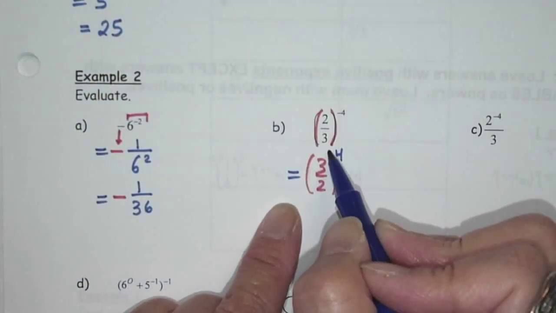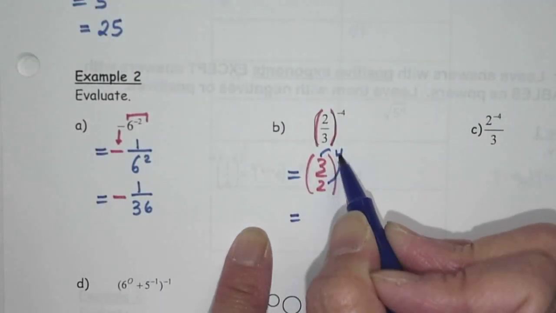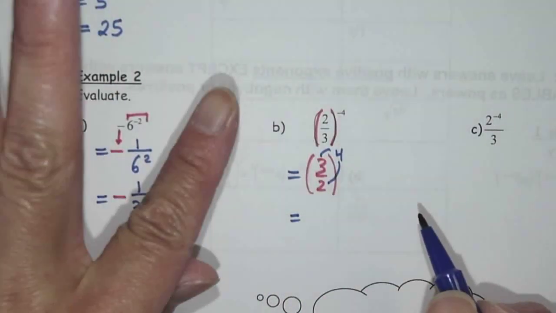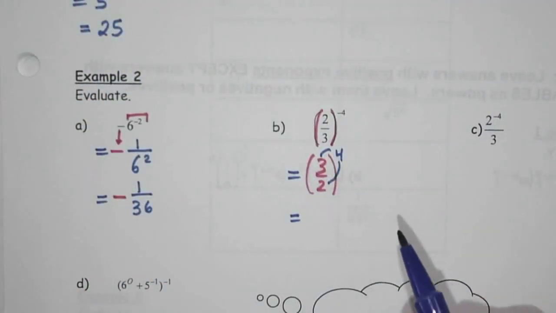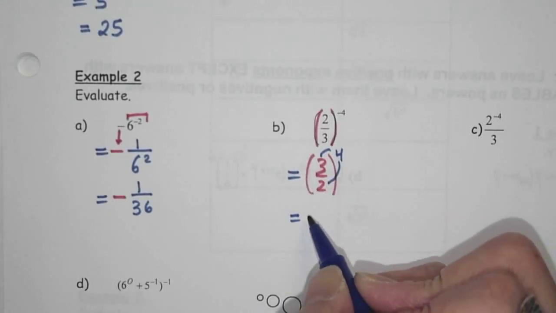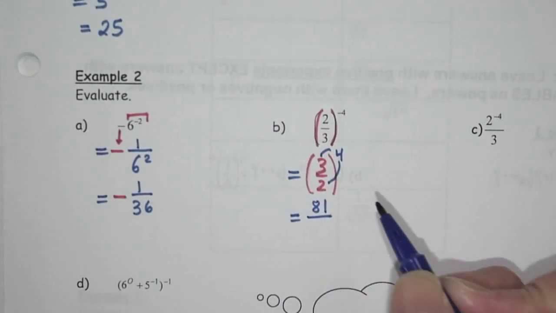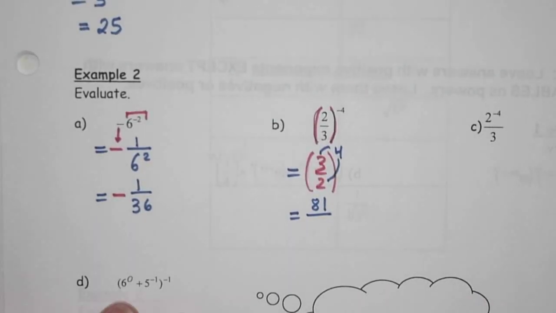Then you want 4 of the 3 and 4 of the 2. So that is 3 to the 4. 3 times 3 is 9, times 3 is 27, times 3 is 81. People think of it like 9 times 9. You'll get used to those numbers. And that's where maybe you can grab your calculator if you're too tired and don't want to remember that.